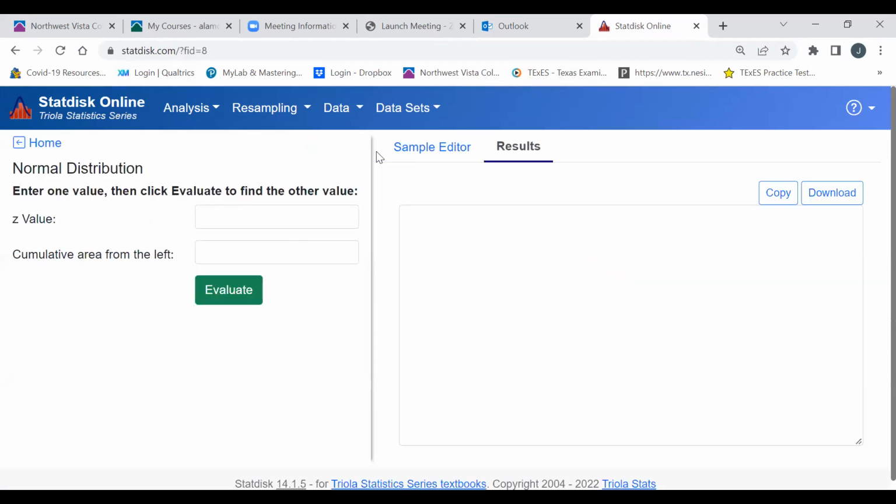Our goal is to figure out the area that we shaded in green, so you utilize this first box. I will tell you later what to do on the second box. To find the area shaded, you enter the number they provided you with. The number was 0.44, so you put in 0.44 and hit evaluate.